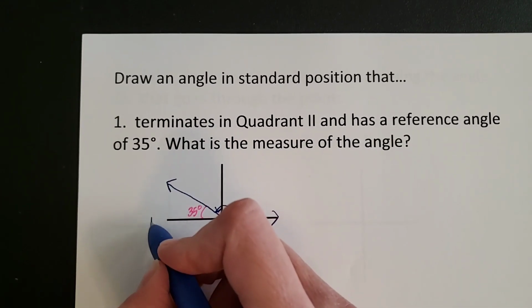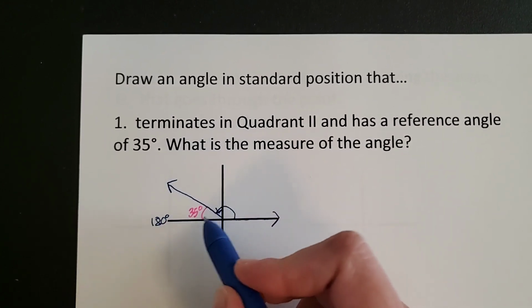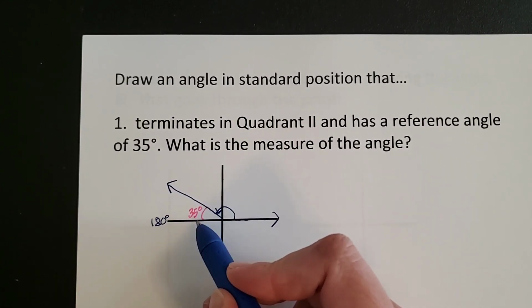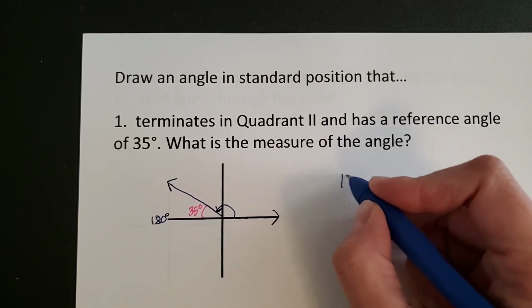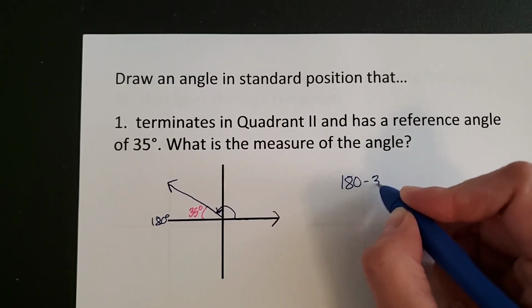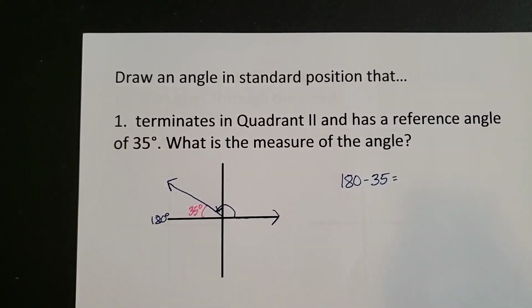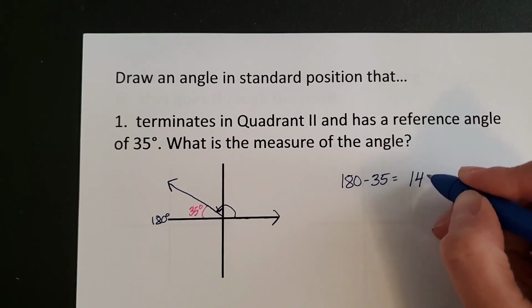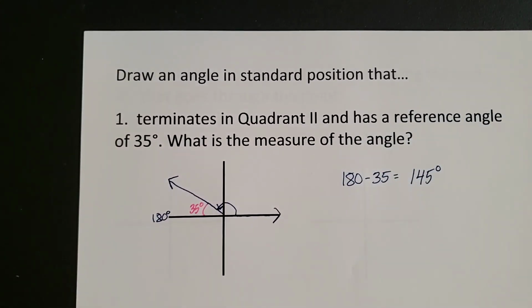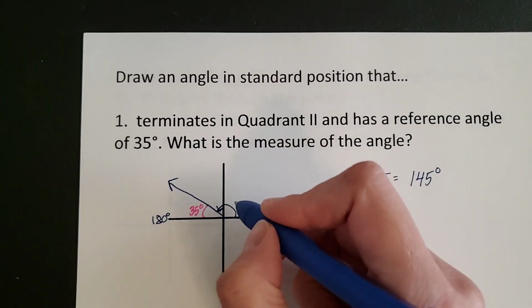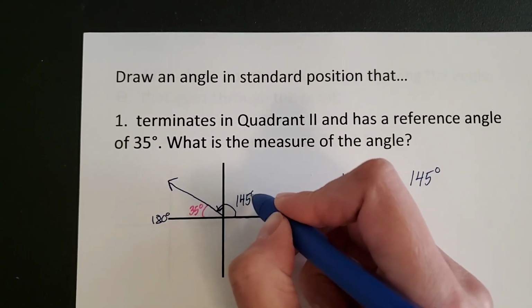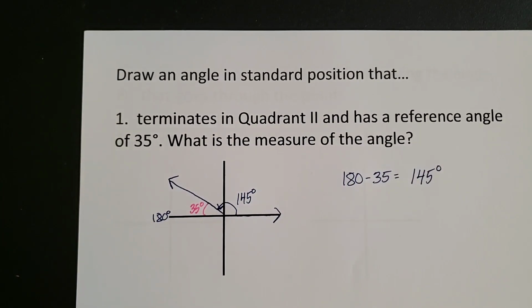Well, all the way over here is 180 degrees, and I want to be 35 degrees prior to that. So I'd look at 180 minus 35, and that would be 145 degrees. So my angle here is 145 degrees. Okay, let's try a different one.